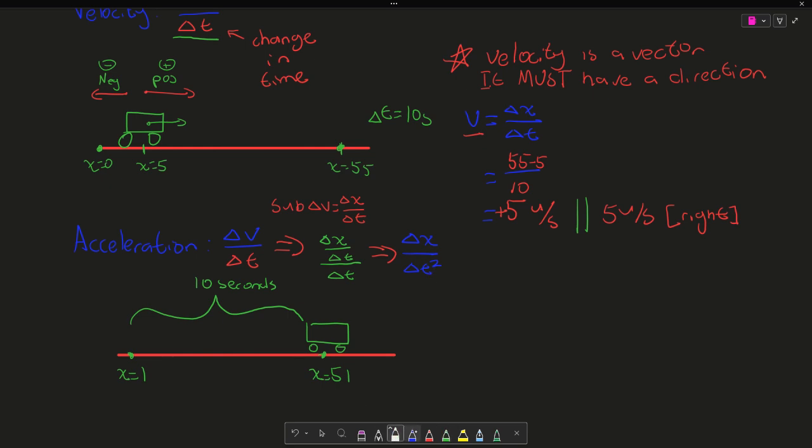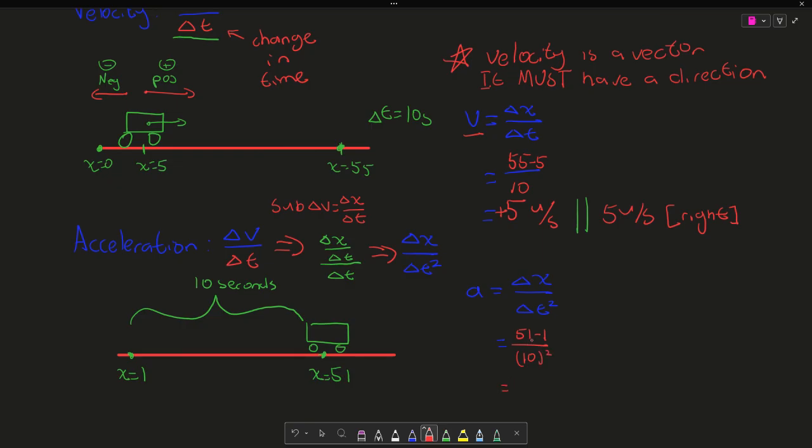So acceleration, usually represented by a, would be just plug in the variables, change in x over change in time squared. What is change in x? Well, it's 51 minus 1 over change in time squared, which is 10 squared.